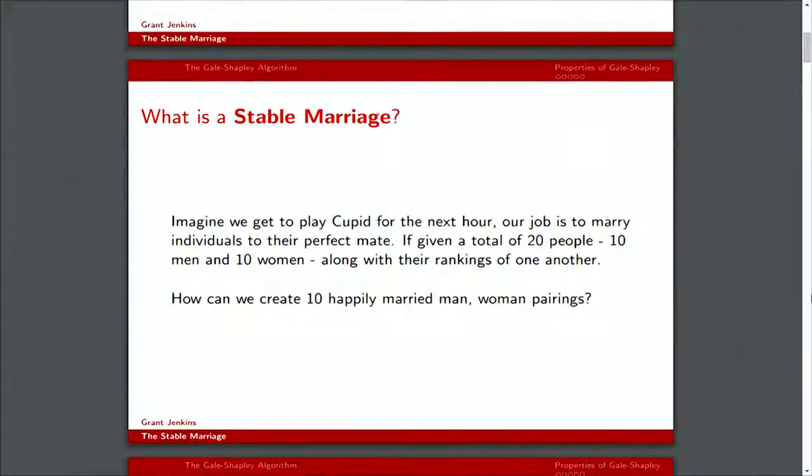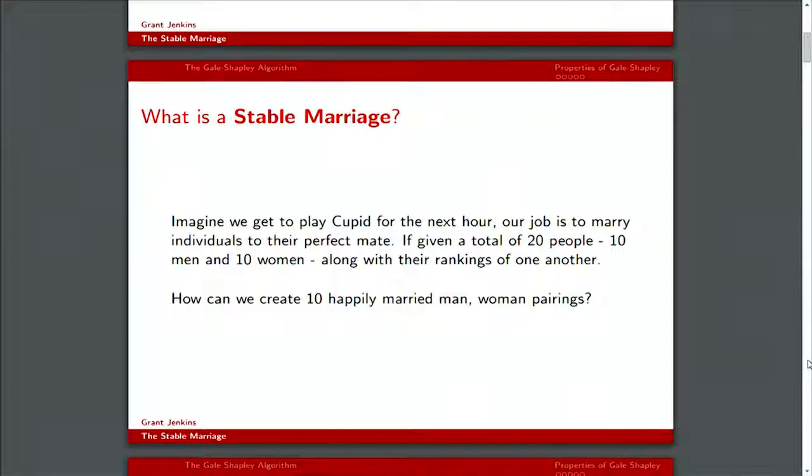Now, if we had 20 people, so 10 men and 10 women, and we're given the preferences or rankings that they have for one another, then the question is, how can we create 10 happily married man-woman pairings? Or how can we create 10 stable marriages?